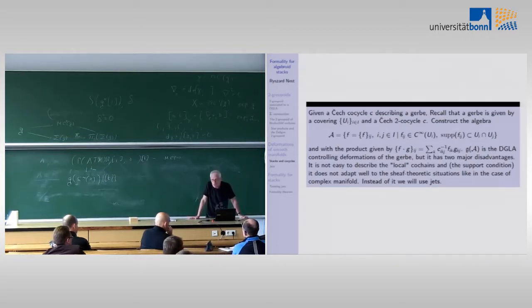So this is an algebra. You can construct its DGLA. So look at Hochschild cochains on this one, and this does control deformation of a gerbe. So if you could study these Hochschild cochains, you could really describe deformation of a gerbe. The problem is that you can't really work locally in this one.